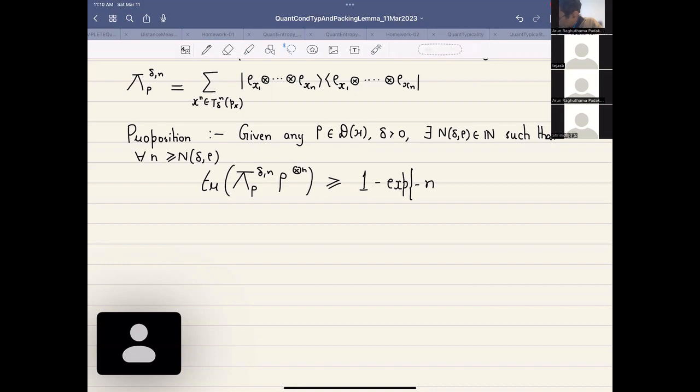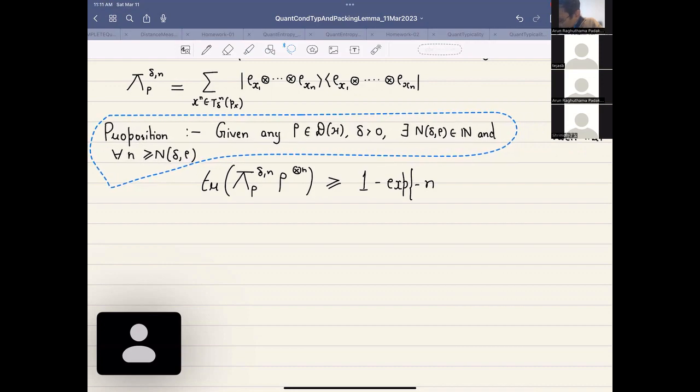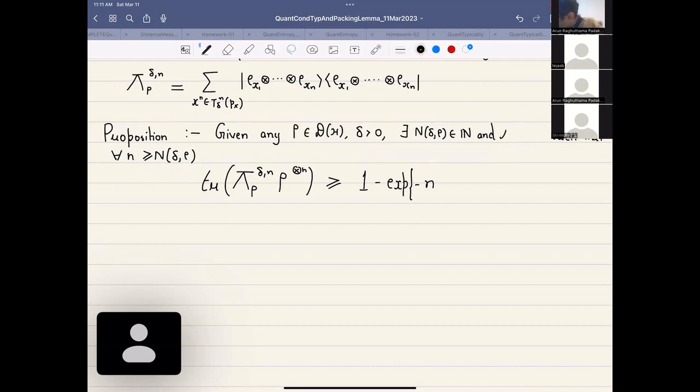Okay, so there exists an n and an alpha that depends on delta, rho and delta greater than 0. So there is a positive exponent at which this quantity falls.